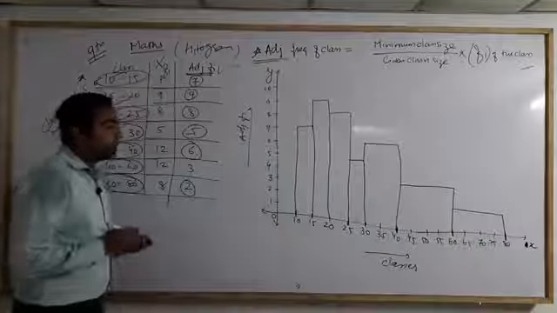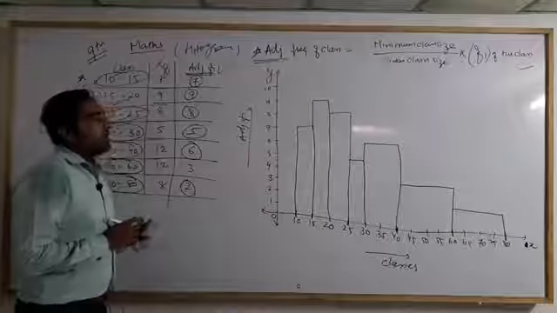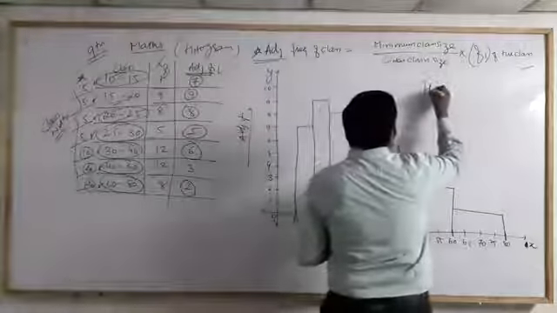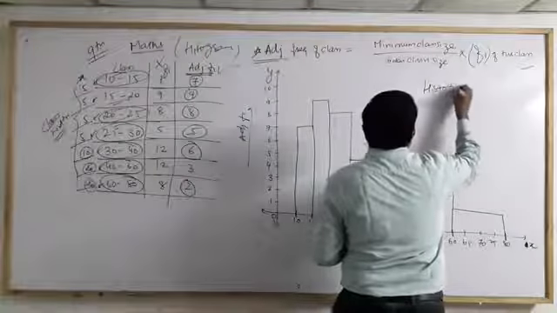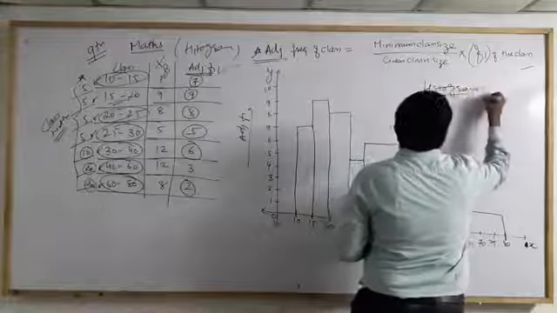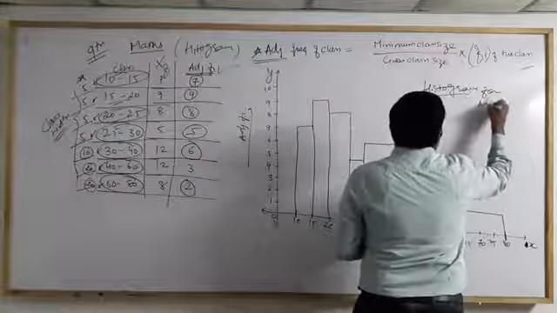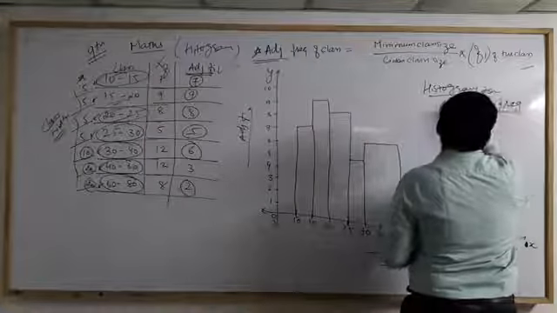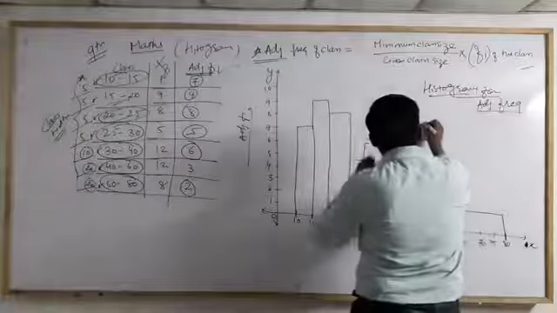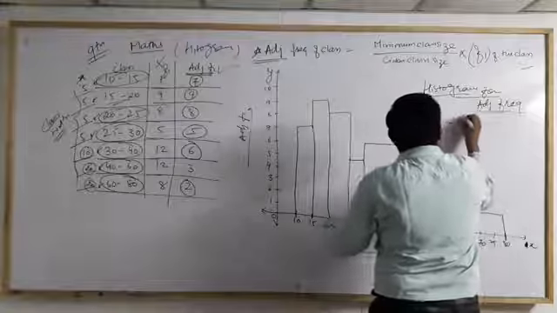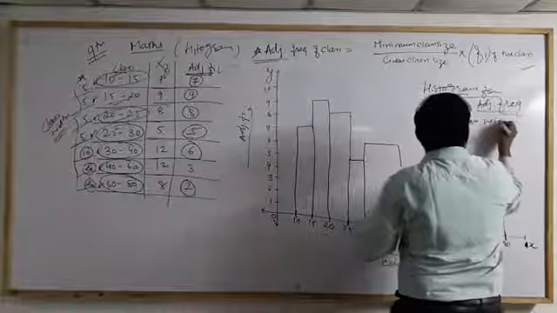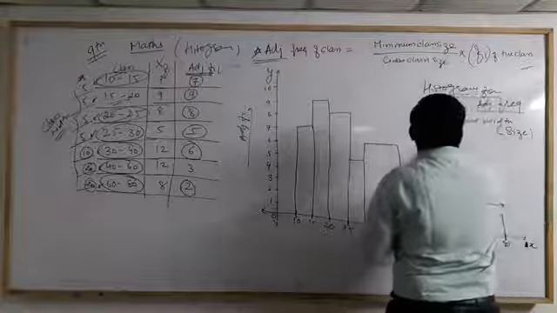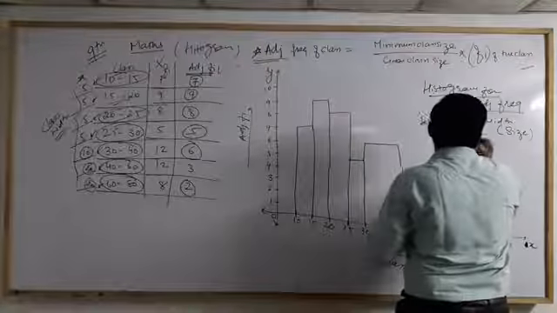Clear students? This is my histogram for adjustable frequency. We have to draw this adjustable frequency histogram when the class width or class size are different.